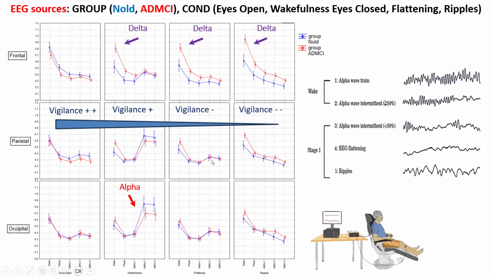When there is drowsiness and a transition to light sleep, you have the fluttering of alpha activity, a reduction in amplitude in the parietal and occipital sources. And then when there is a transition to light sleep with ripples in the EEG, you see the increase of delta and theta.